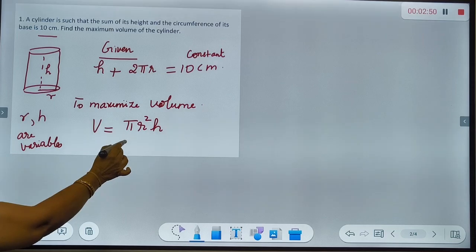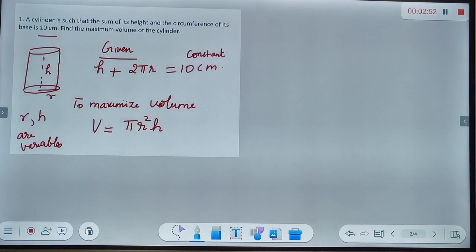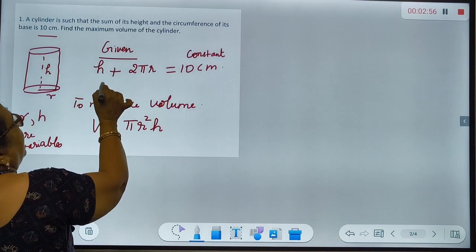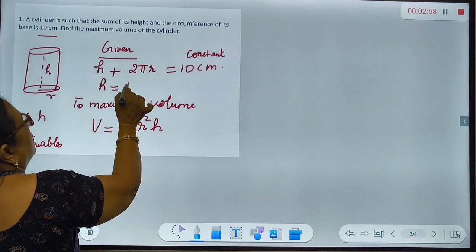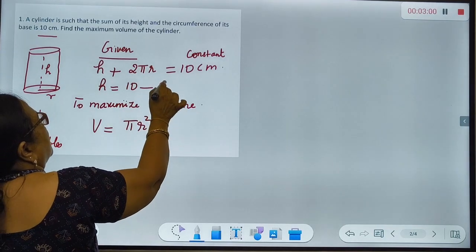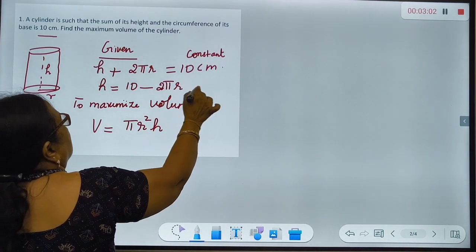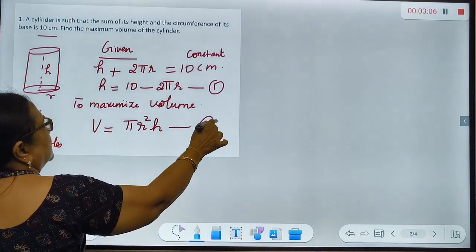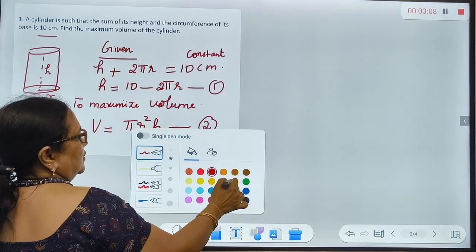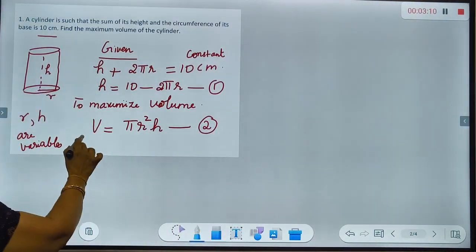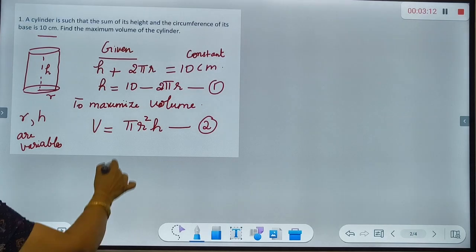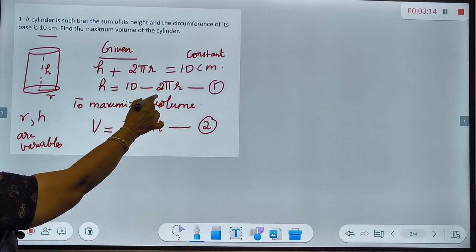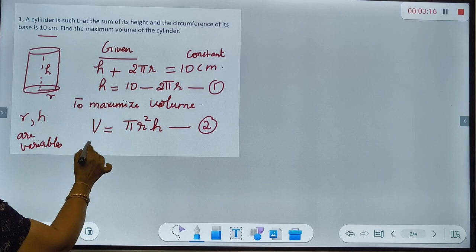Now this is a function of two variables. So what should we do? We should express it as a function of a single variable. So I can write H is equal to 10 minus 2 pi r. You can see V is a function of R and H, so I am going to write H as 10 minus 2 pi r using the given condition.